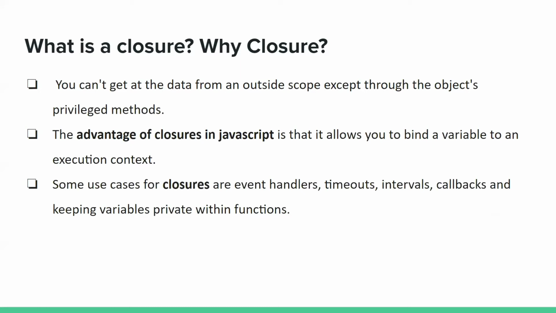We use it in event handlers, timeouts, intervals, callbacks, and data privacy within functions. Let's dive into the example section, which will make the closure concept clearer. It's a very important concept in JavaScript.